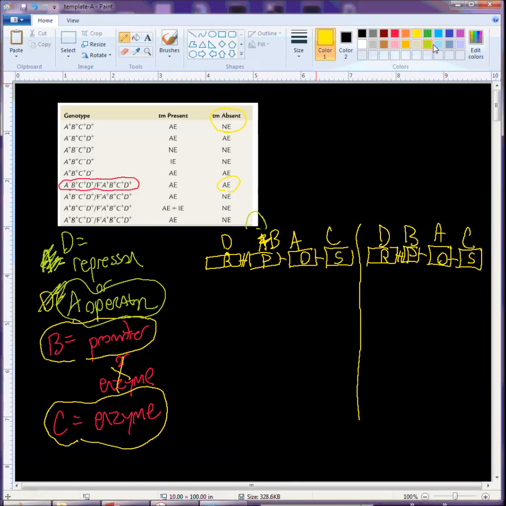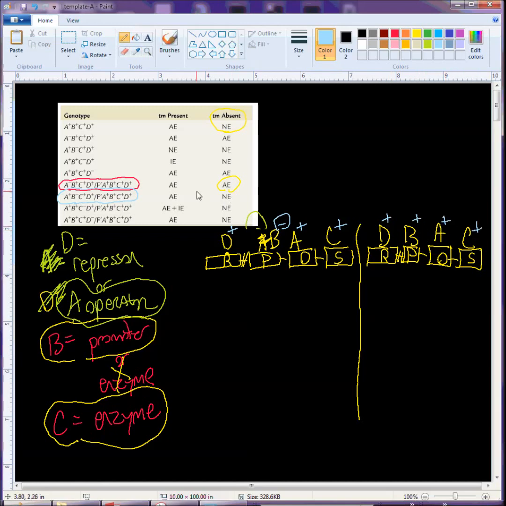Now in the second complex bacterial strain, everything is normal on the normal E. coli chromosome, except B. And everything is normal over here.